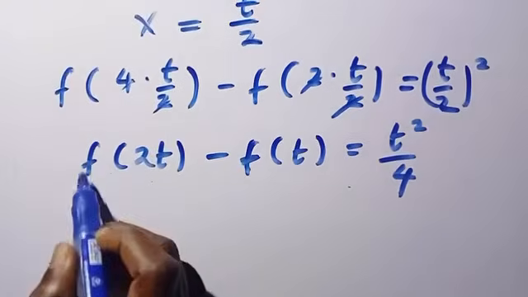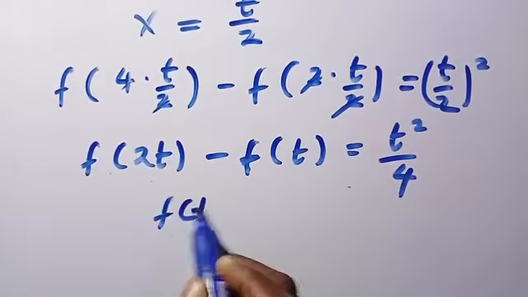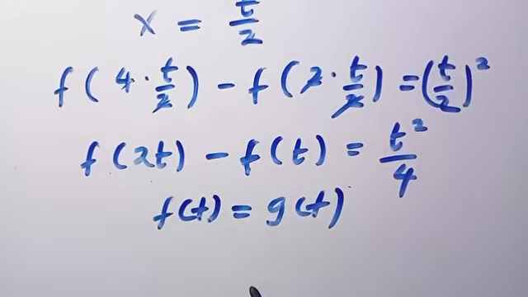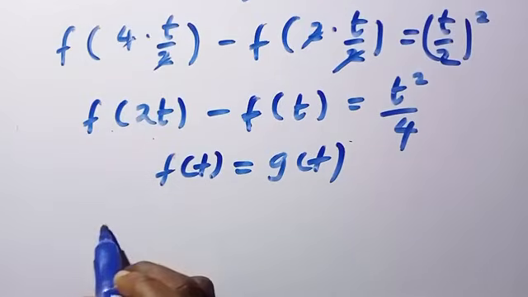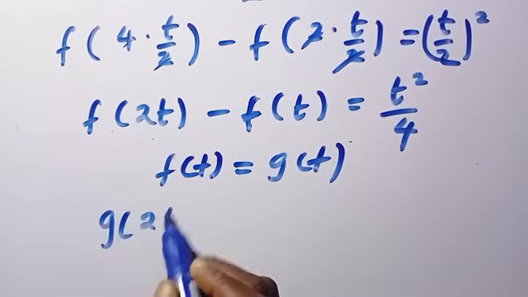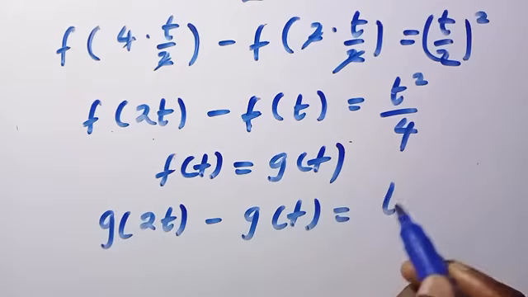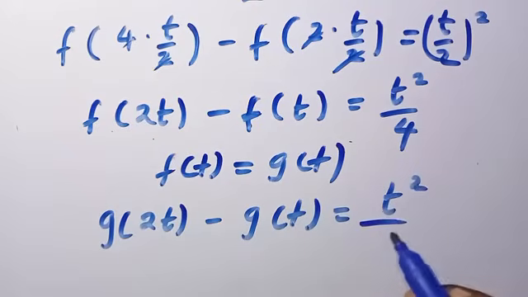Suppose I replace f of t with g of t, for instance. Here it becomes g of 2t minus g of t equals t squared divided by 4.